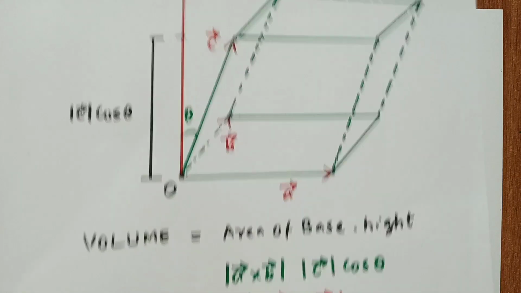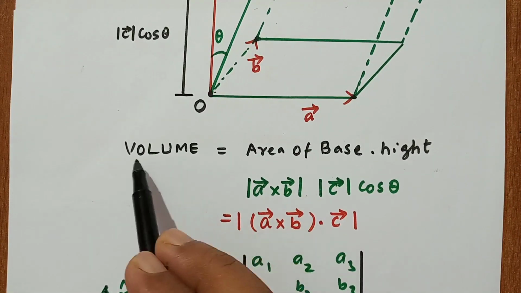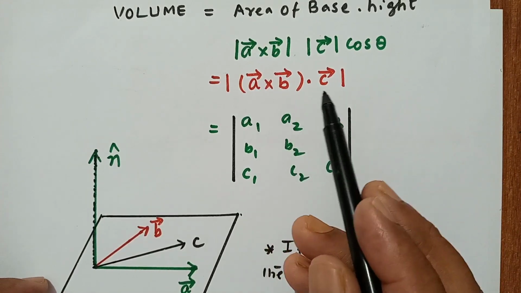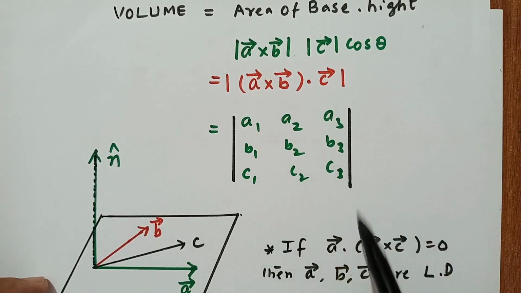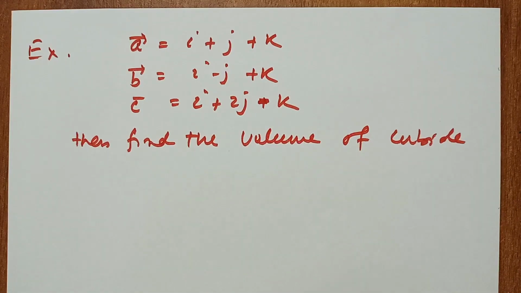If we need to calculate the volume, the volume is equal to [A B C], which is a determinant.